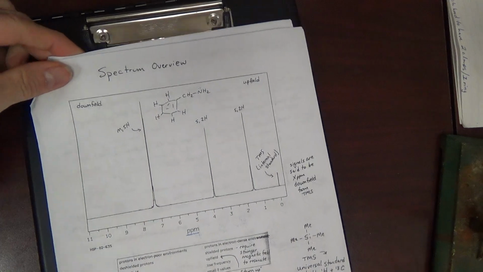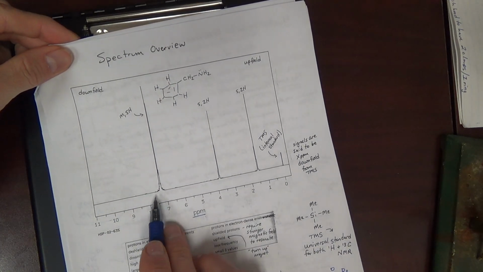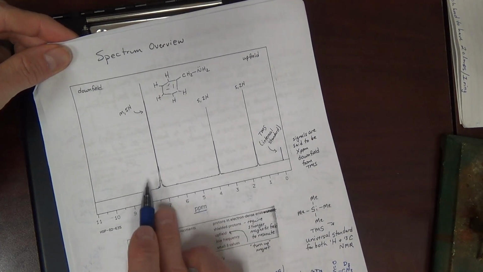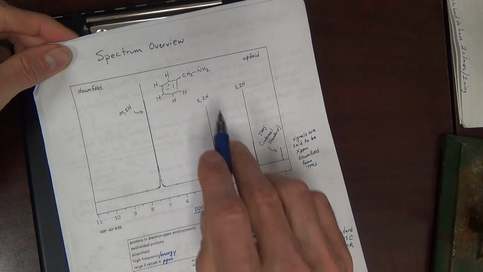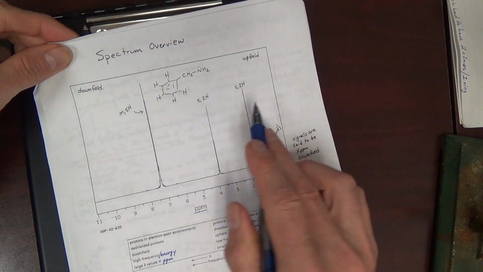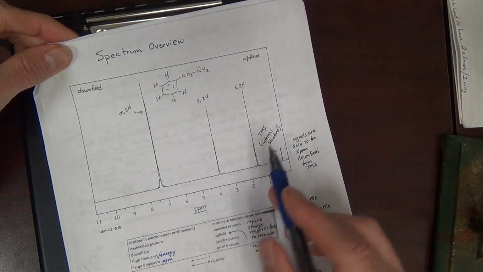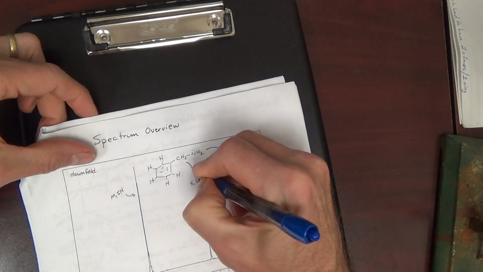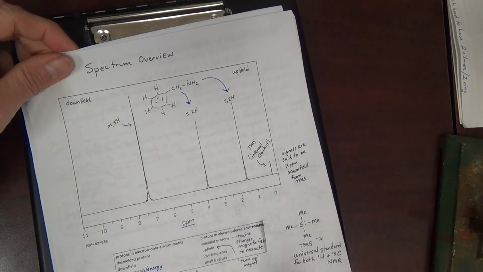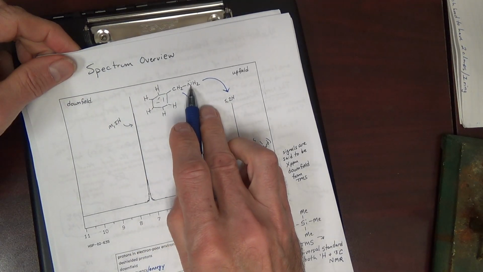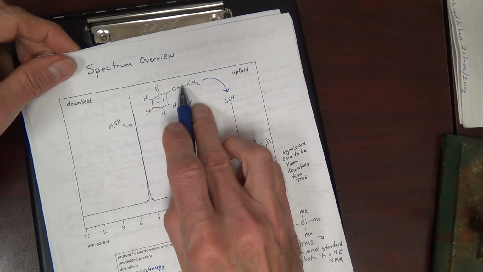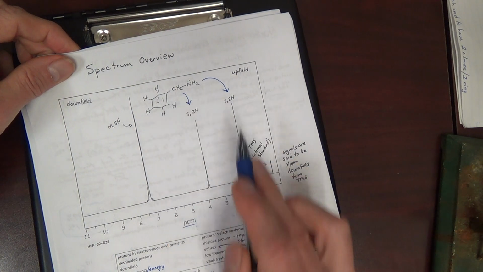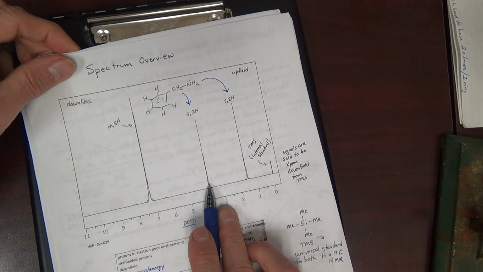To go back over here, remember the spectrum overview, aromatic hydrogen 7 to 8. Then we have these two. The NH2 is here. The CH2 is here, because the carbon's bonded to a nitrogen, and so we would expect this to be downfield, about 3 to 4. Indeed it is.